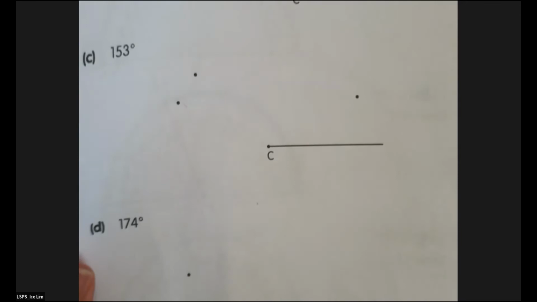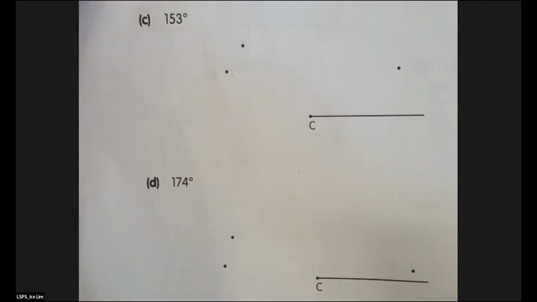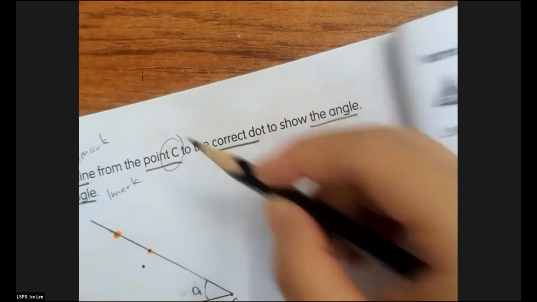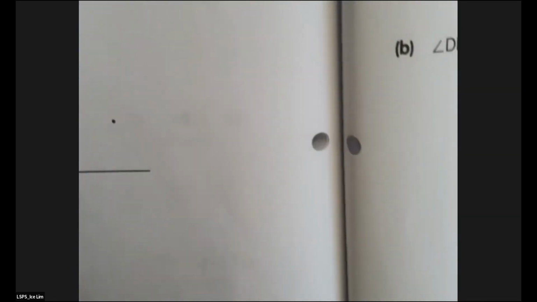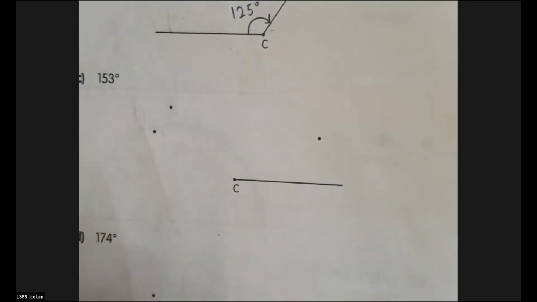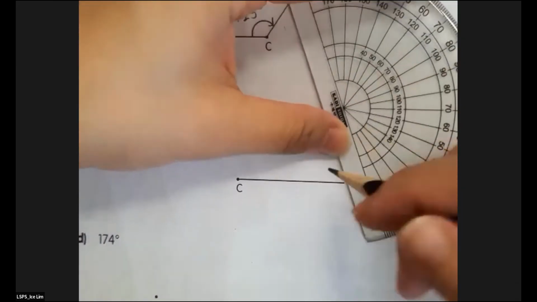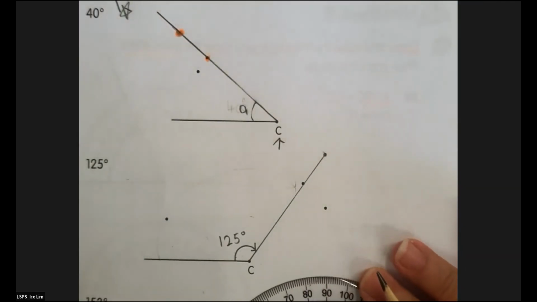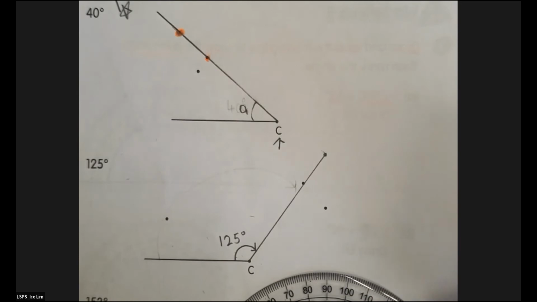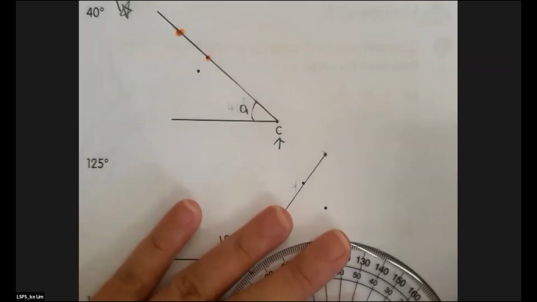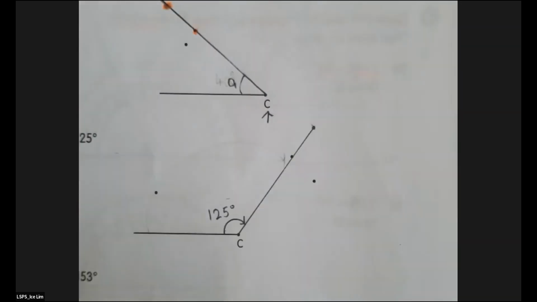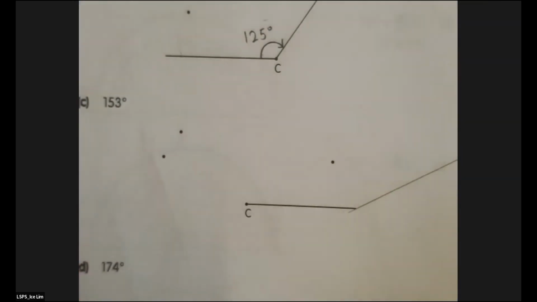Take note, always take note. Where is the point? Here it says from the point C. And remember, I checked somebody's work yesterday and last time also. This very common mistake happened. Somebody drew the line on this side. It's 153, right? Somebody drew like this for the question TFC.